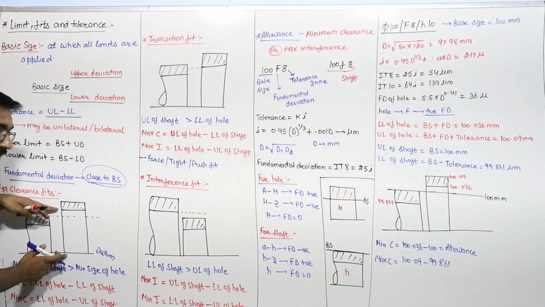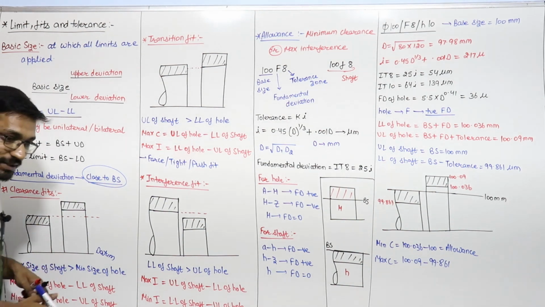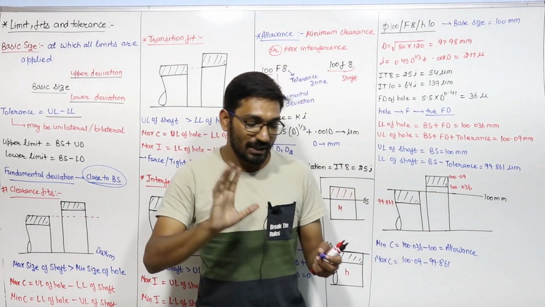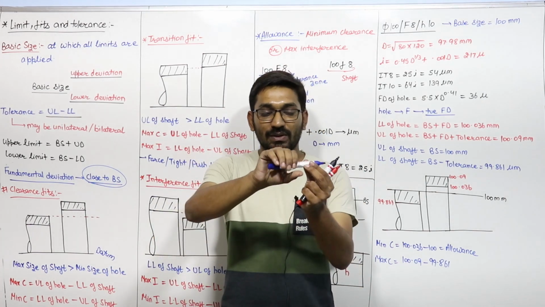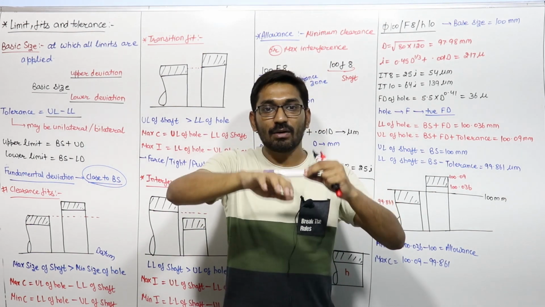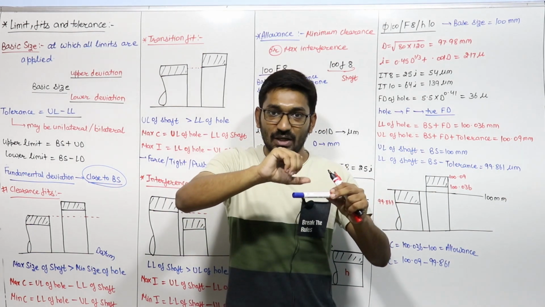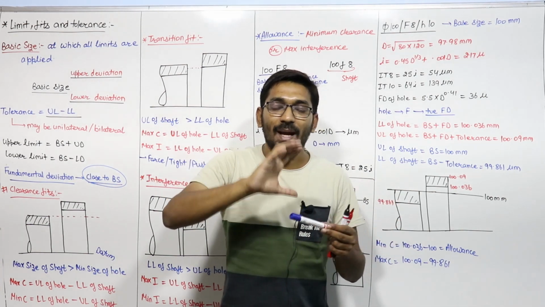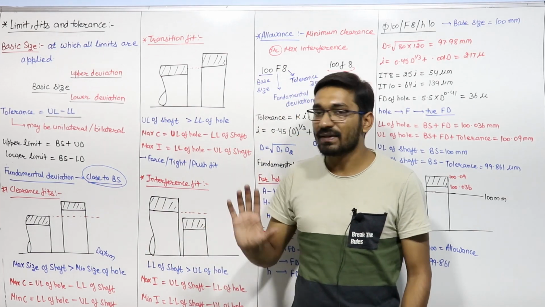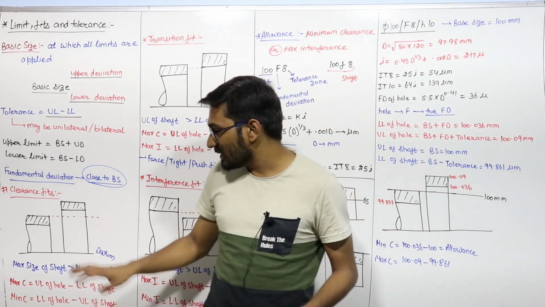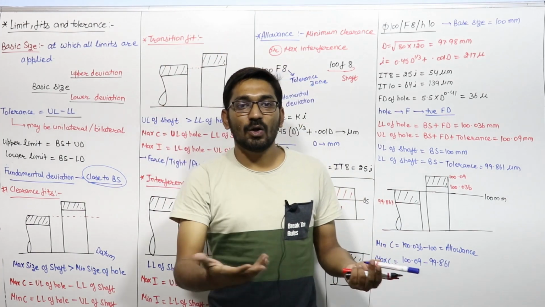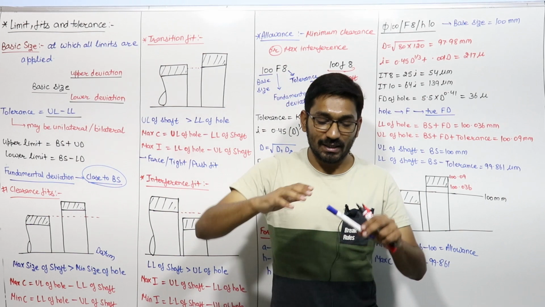If the minimum diameter of the hole is greater than the maximum size of the shaft, right? One thing you need to understand, the shaft has to be inserted in the hole, right?